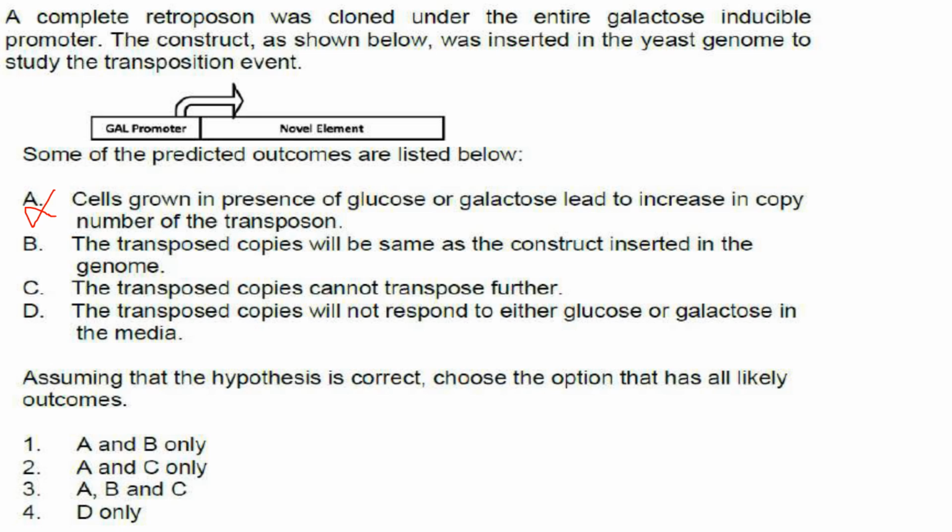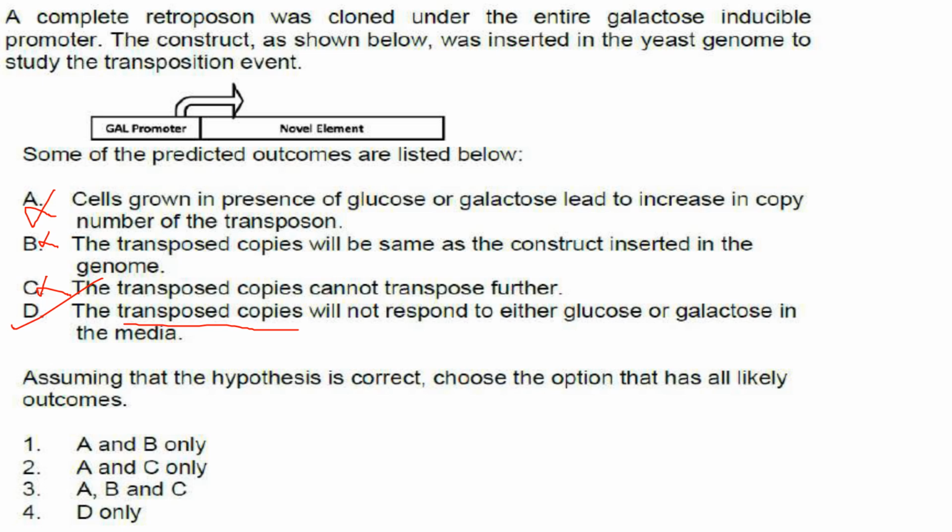Then the transposed copies cannot transpose further. They can transpose further, I told you just now. Then the transposed copies will not respond to either glucose or galactose in the media. Yes, that's correct, because they are transposed copies. They will not be under the control of the GAL promoter.